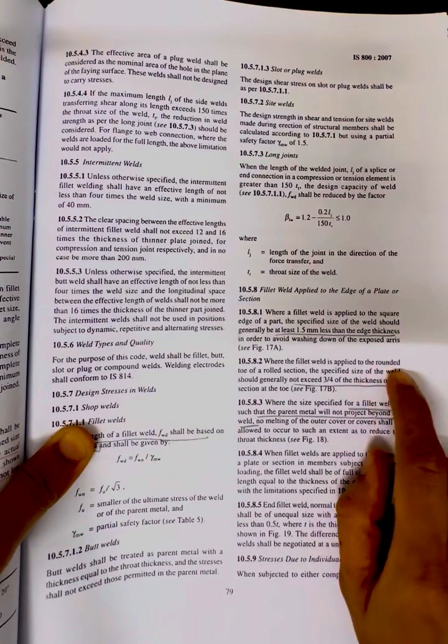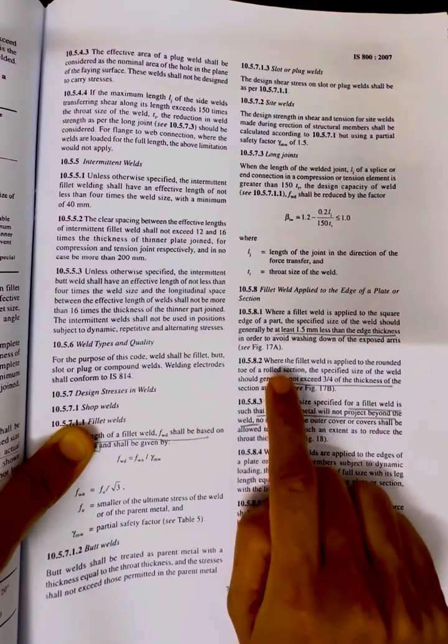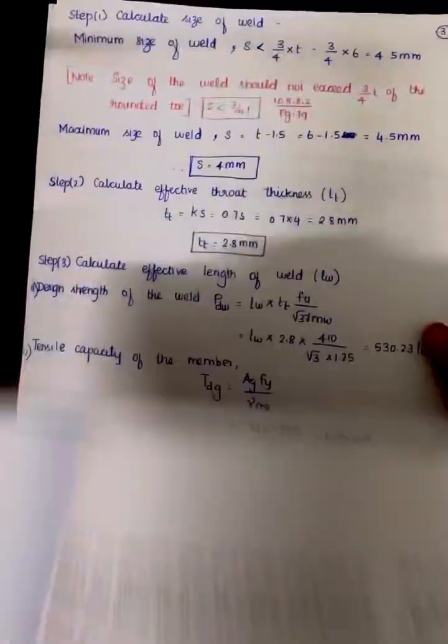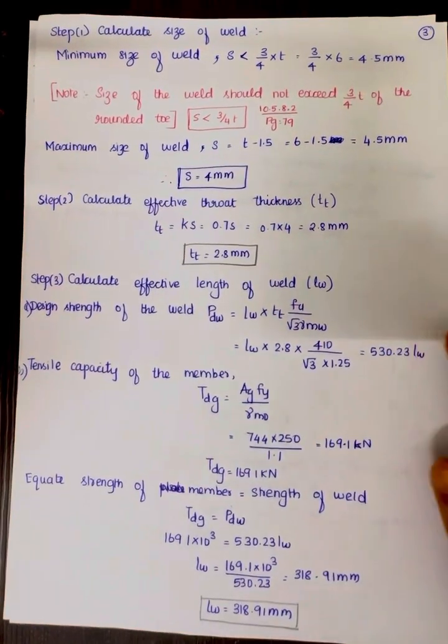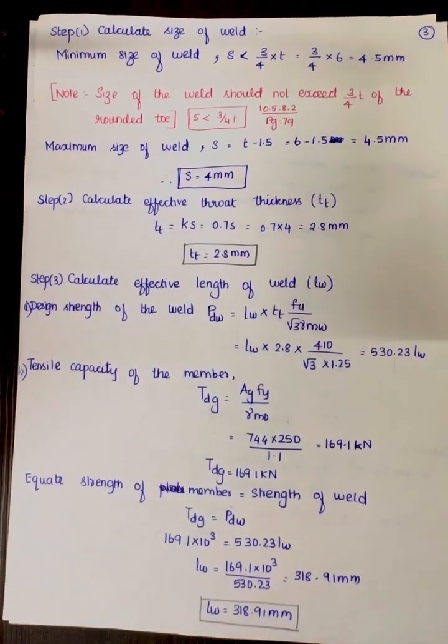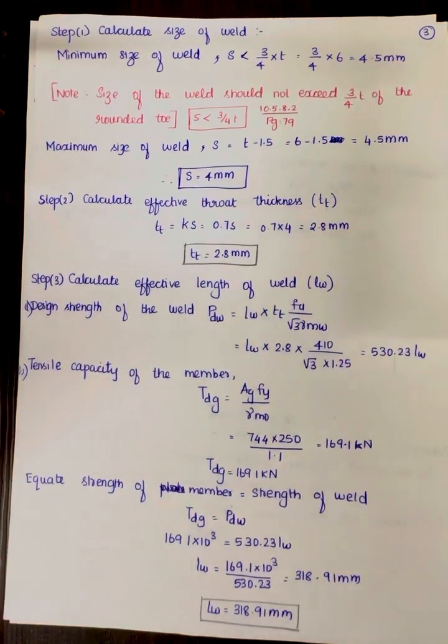If it is a rounded toe, so S should be less than 3/4 of T. And maximum size formula is always standard, T minus 1.5. So minimum is 4.5, maximum is also 4.5.